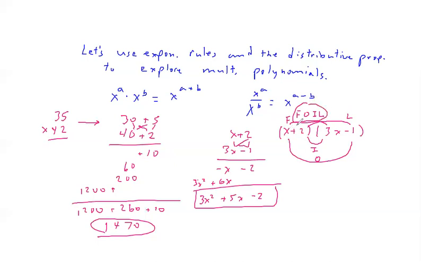So x times 3x is 3x squared. 2 times negative 1 is negative 2. I'll put that at the back. The outer, x times negative 1 is negative 1x, and the inner, 2 times 3x is 6x. Putting it all together, and I get 3x squared plus 5x minus 2.